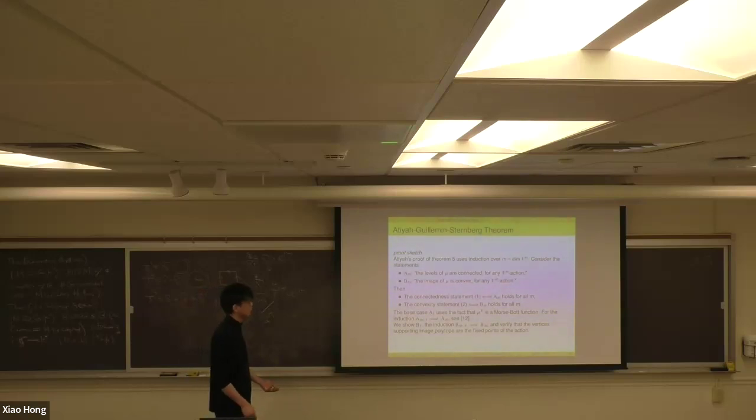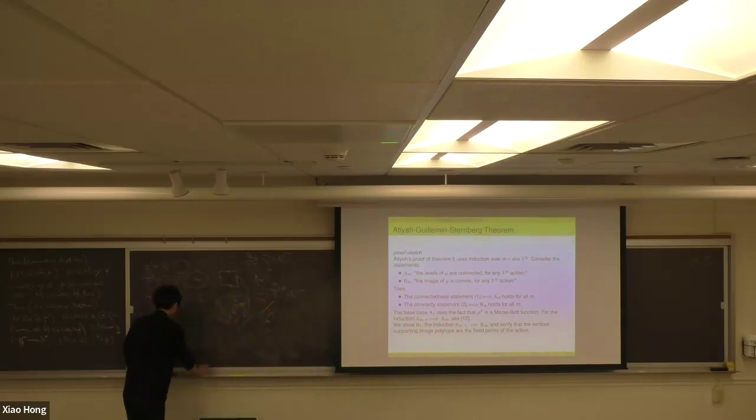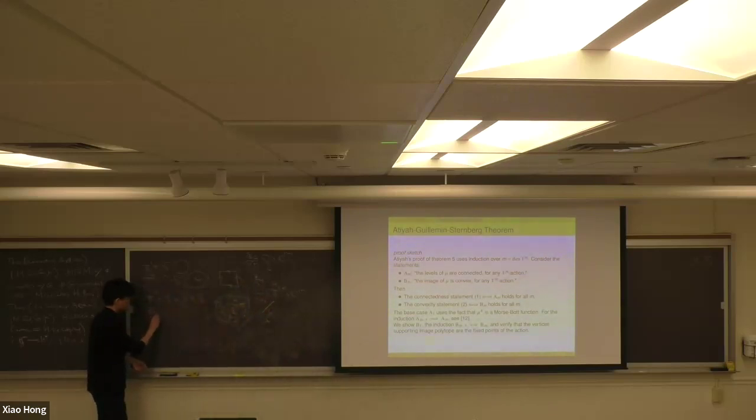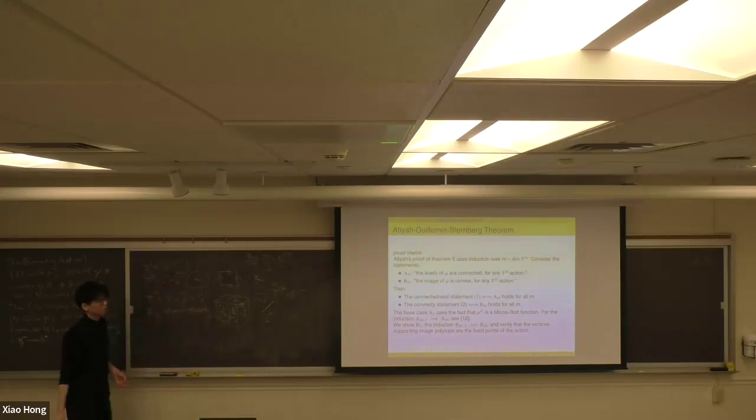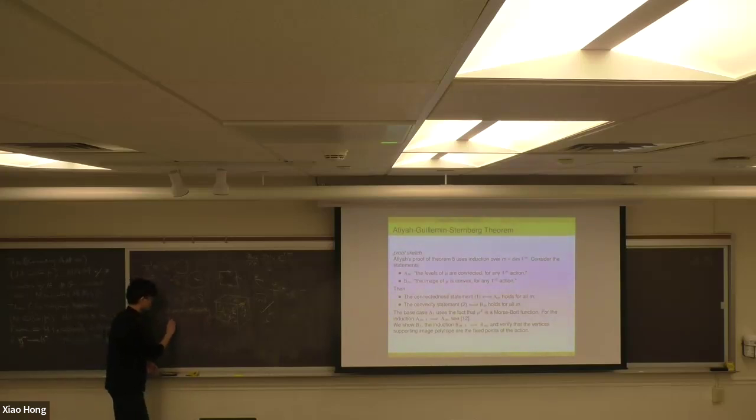We just denote the first and second statement as AM and BM. The base case for AM is a non-trivial result in Morse theory, using a generalization of the Morse function called the Morse-Bott function.